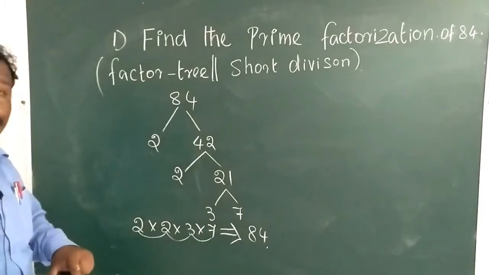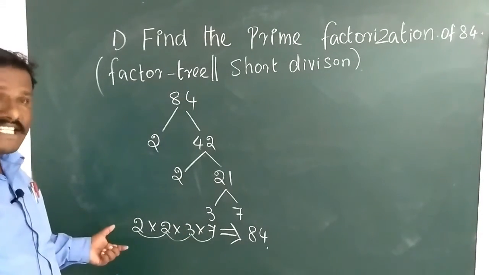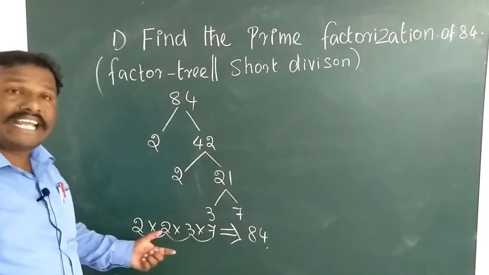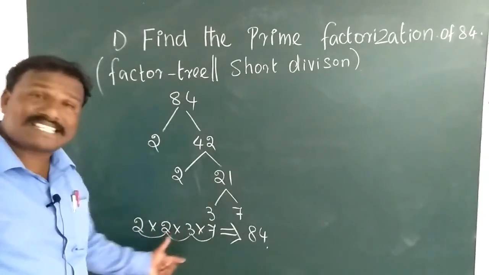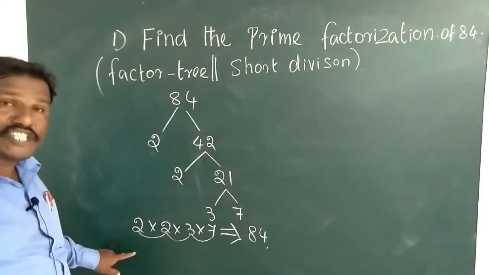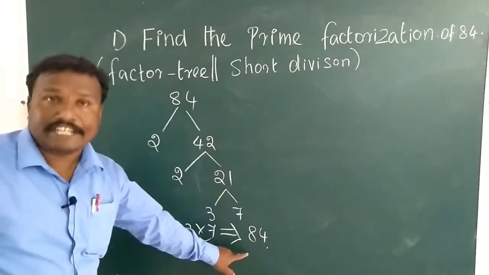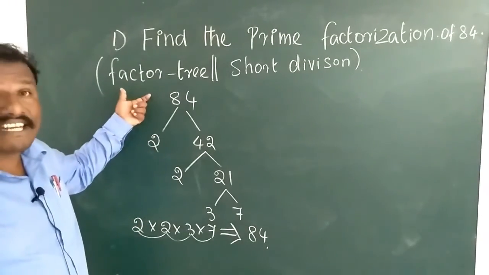So 84 is expressed as prime factors, because 2, 2, 3, 7 are prime numbers. If you multiply all these factors, you get 84. So this is called prime factorization by using the factor tree method.